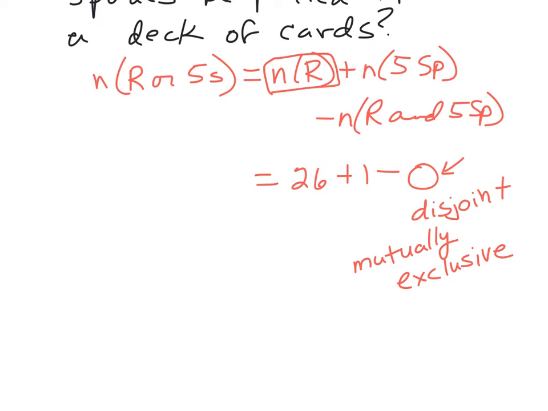If I said being from Missouri and being from Illinois, you can't be both at the same time, so those events are disjoint. They're mutually exclusive. If I said being from Illinois and being from America, those are not mutually exclusive. You can do those at the same time. So anytime you have disjoint events, this part back here ends up being 0, and so here we end up with 27 total.